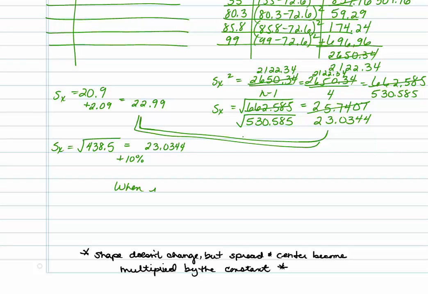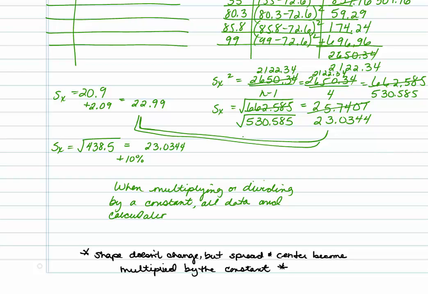So when multiplying or dividing by a constant, all data and calculations are increased or decreased if we were to be dividing by that amount.